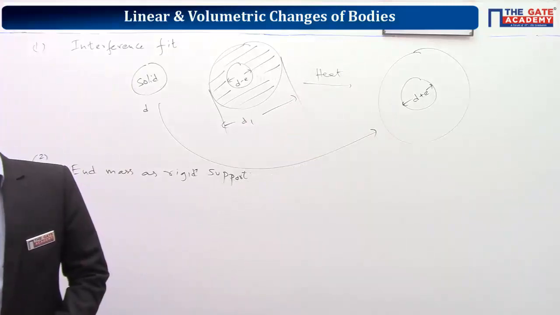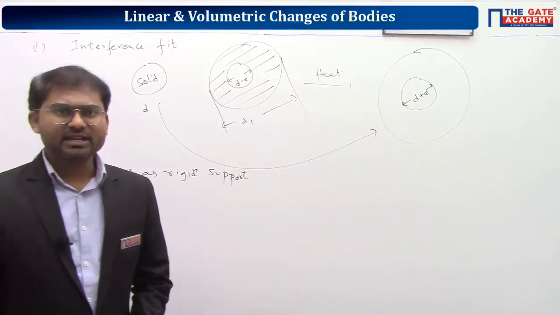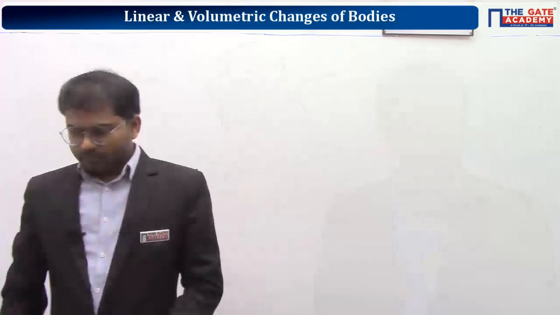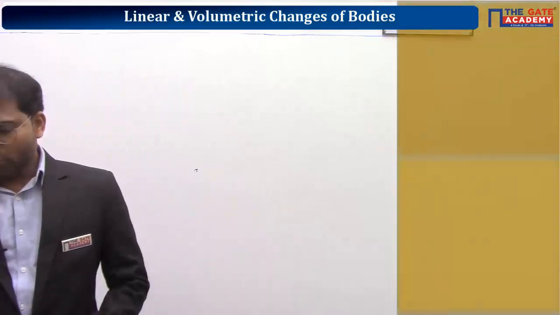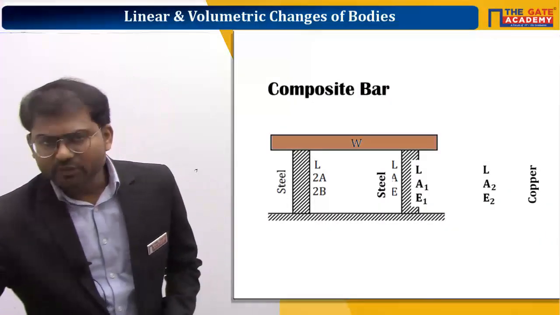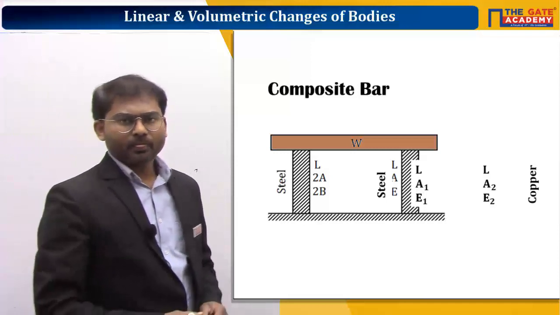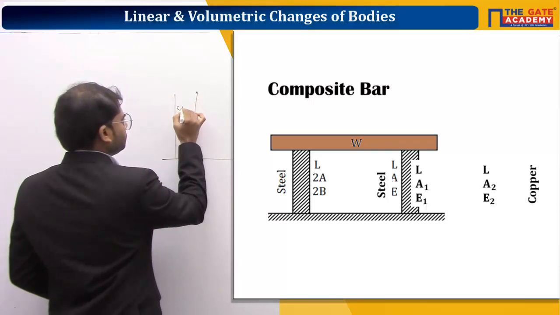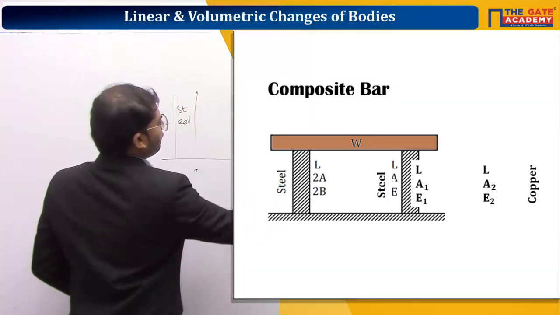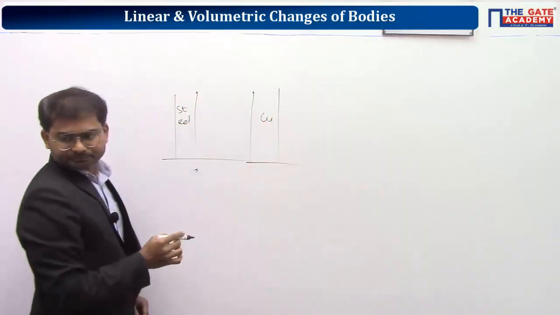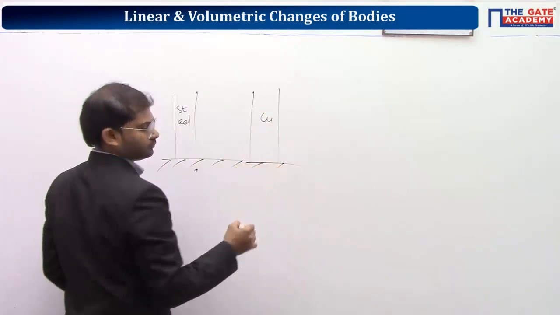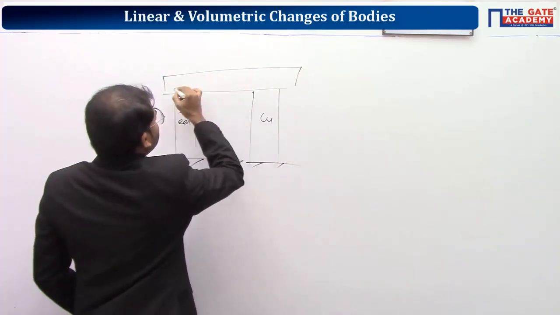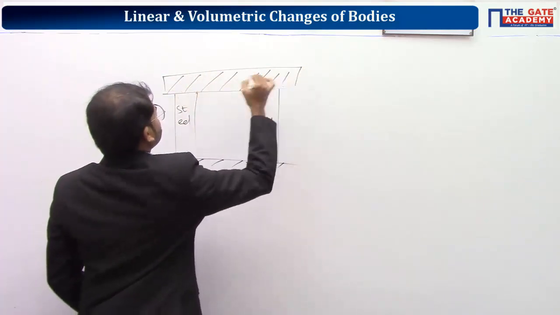Shall we go ahead? Let's understand how to deal with this. You can copy this and later I'll rub the board. Okay, look at the picture on the secondary screen. There is one steel bar, and this one is made of copper, and we have a rigid support like this.